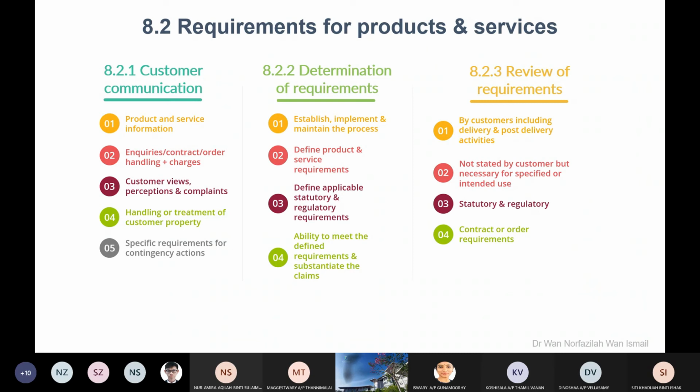So you have to improve your product and services based on the statutory and regulatory requirements. And the last one, contract or order requirements. This one also by the customer. Any changes on the contract, you need to review, and if needed, you need to improve your contract and order requirements.